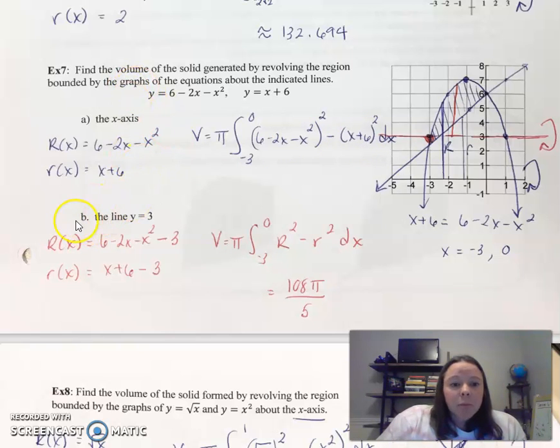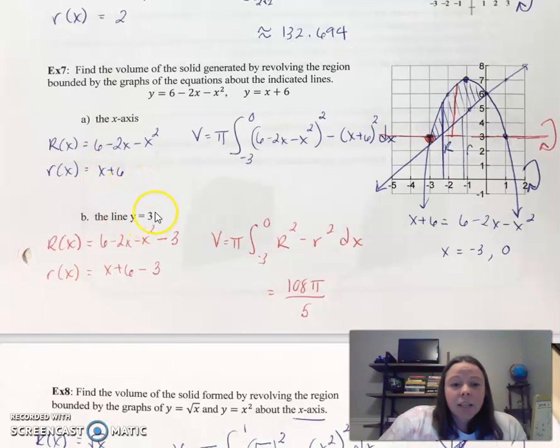Okay, now same problem, but now we're going to revolve around y equals 3. So that's this red line here, y equals 3. So your big R is going to be the function that's farthest away minus where you stop, which is 3. What we did up here, it's still the same thing, big R minus, but you stop at the x-axis, which is 0.